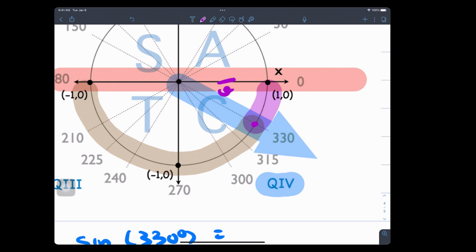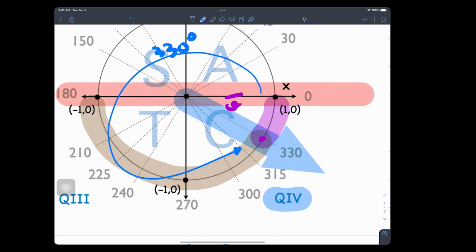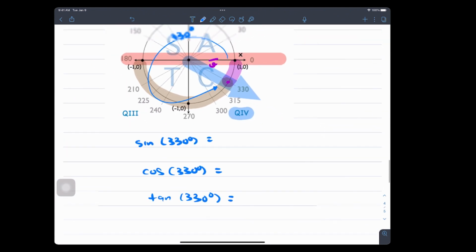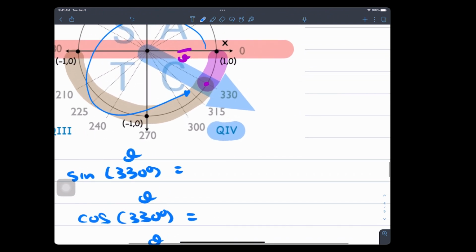How do I get that reference angle? Do you guys know? This is quadrant, again, 4 here. This angle is that 330 degrees, okay? That's your angle theta. So in every one of these questions, you're asking for sine theta, cosine theta, tangent theta, okay? Easy peasy lemon squeezy. How do you think in quadrant 4 we get our reference?